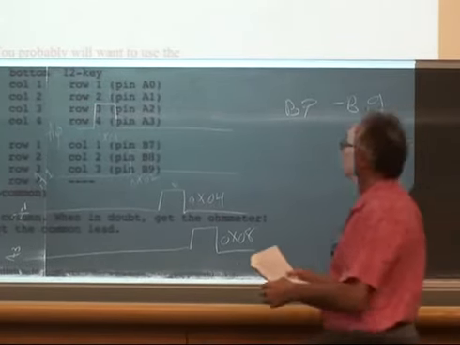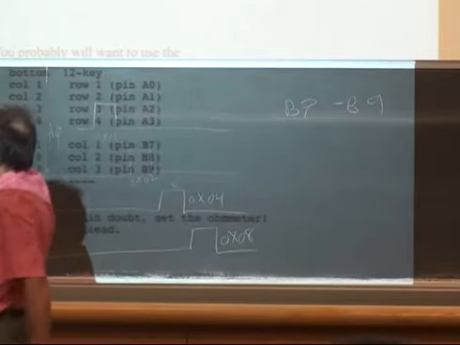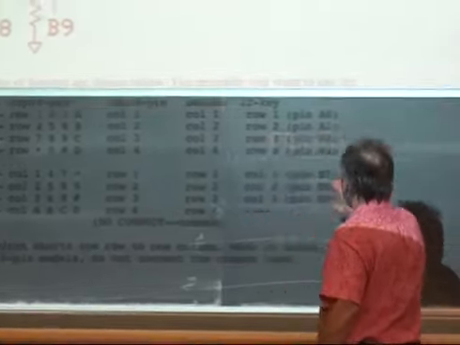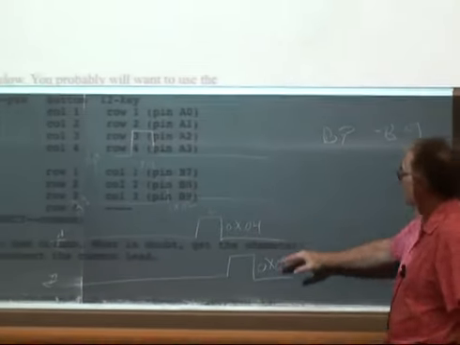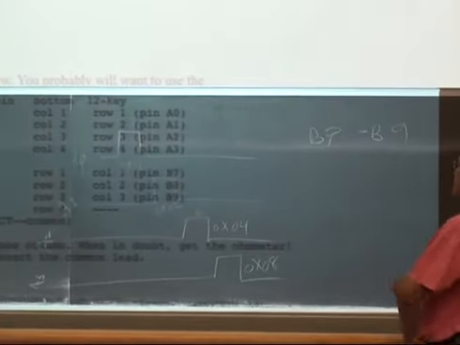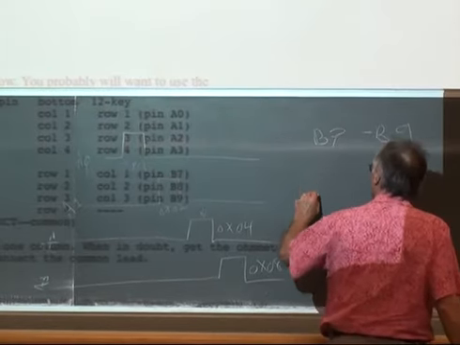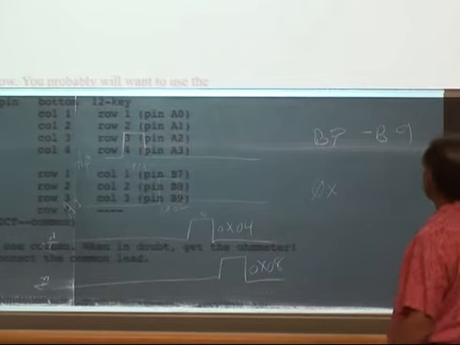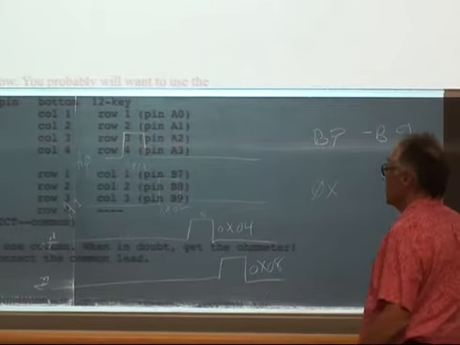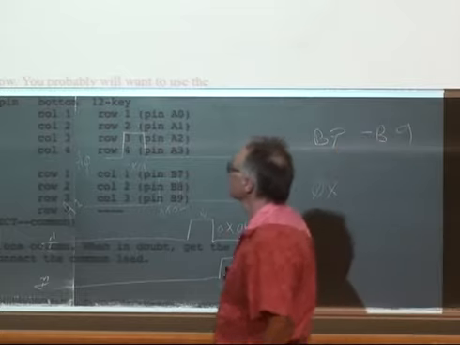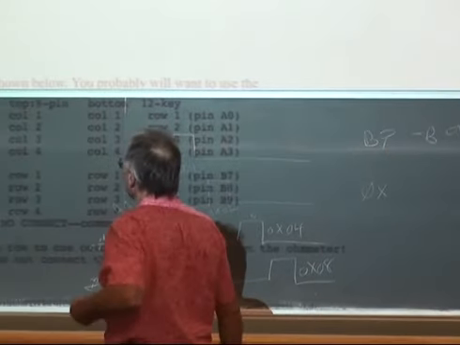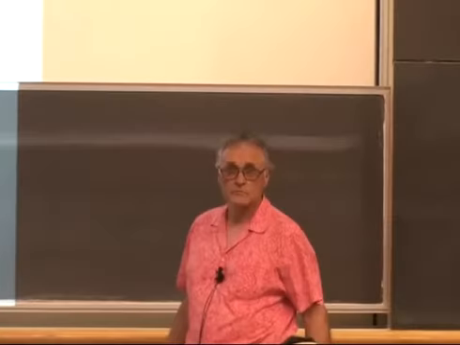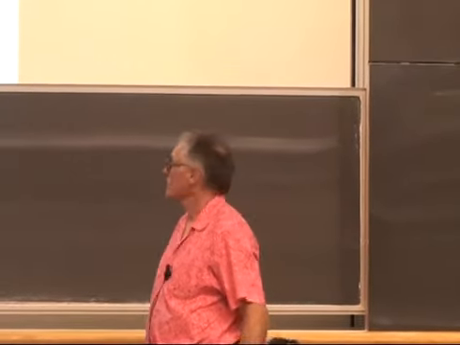So for instance, if you pushed button 0 and we ORed together A0 through A3 with B7 through B9, we would get, well, let's see, bits 7 through 9. Bit 8 is hexadecimal 100, right?